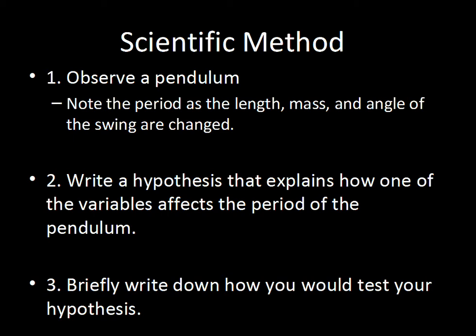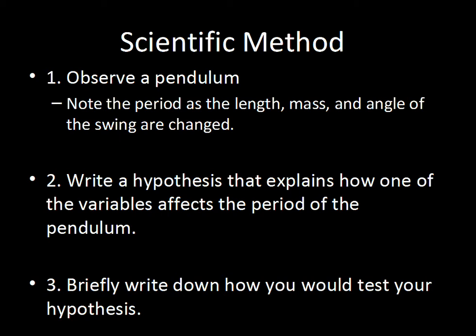Then write a hypothesis that explains, given, for example, that the length increases, the period increases. Or you might say, given that the mass increases, the period increases. Or you might say, if the angle is larger, then the amount of time to go back and forth will be larger.